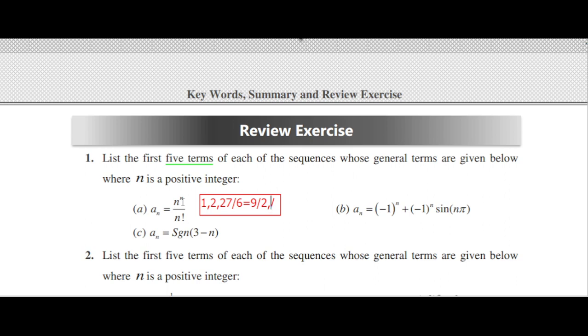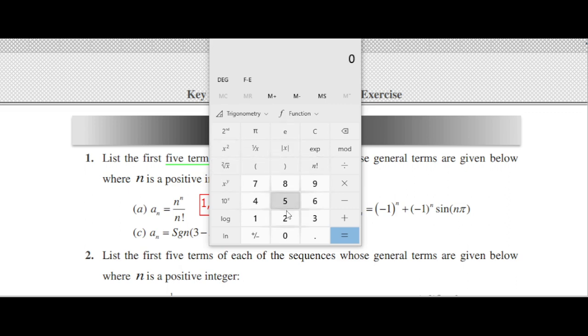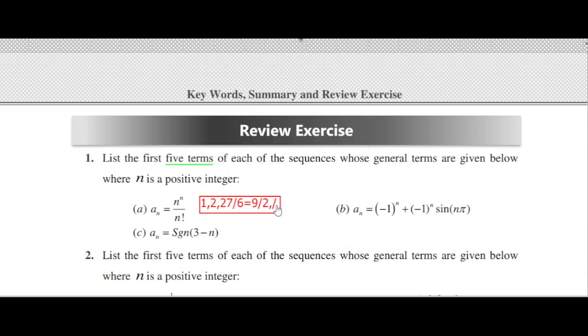Let's compute it here, let's use the calculator. 4 to the power of 4 is 256. So it is 256 over 4 factorial, which is 24.